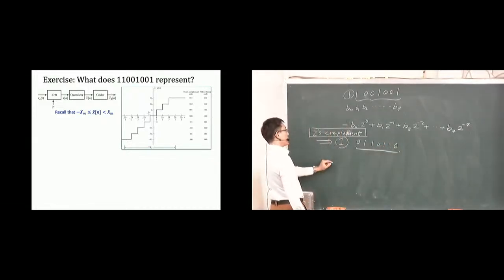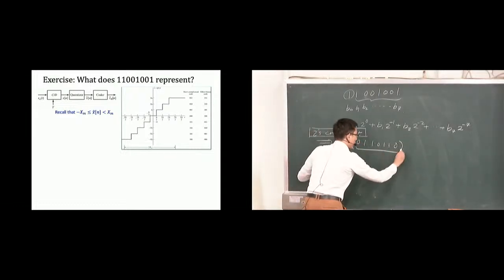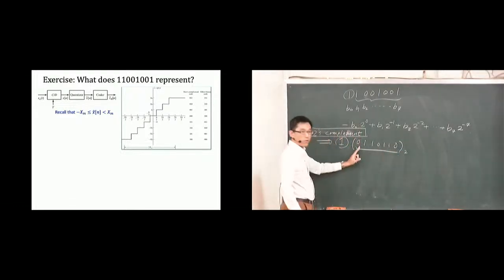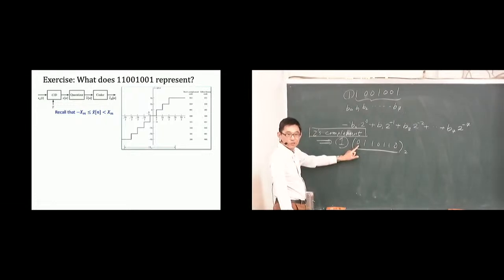And then what do we do? We take the binary representation of these 3 bits. So what does it represent? Can anybody tell me? 2 plus 4 plus 16 plus 32, right?